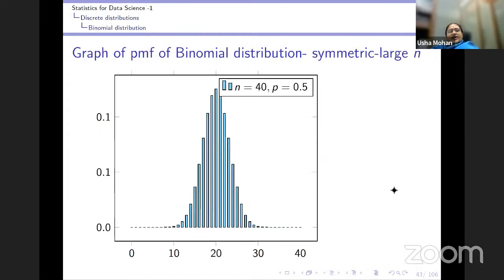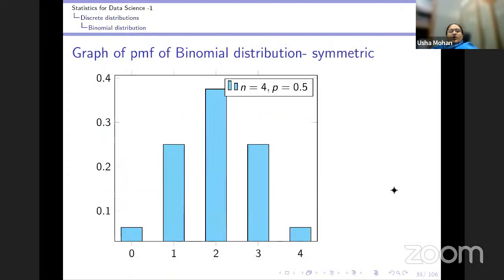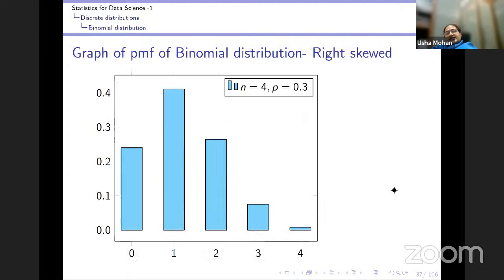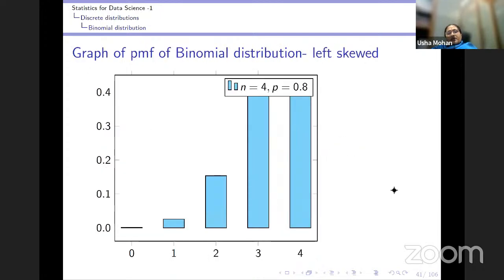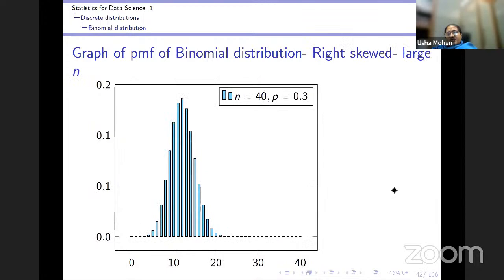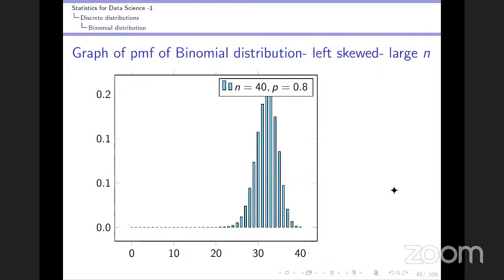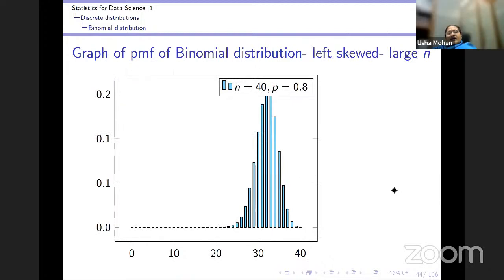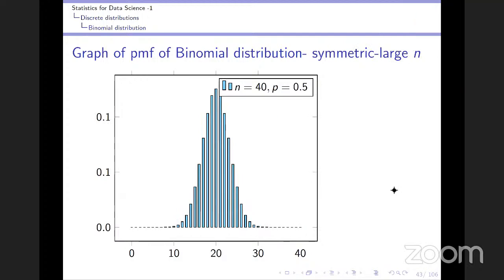When n equals 4 and p equals 0.3, I had this as the shape. I'm keeping p fixed, but n equals 40. What is happening to the shape? It is becoming symmetric. With n equal to 40 and p equal to 0.5, it's also symmetric.